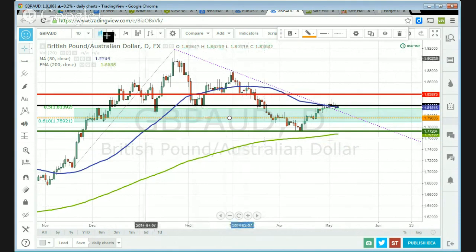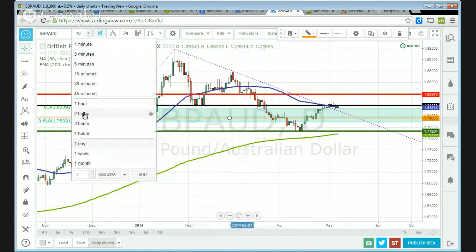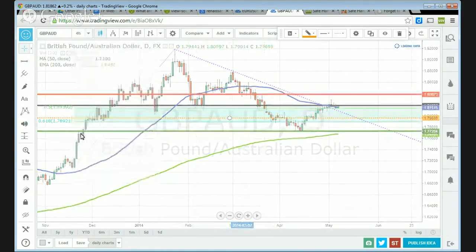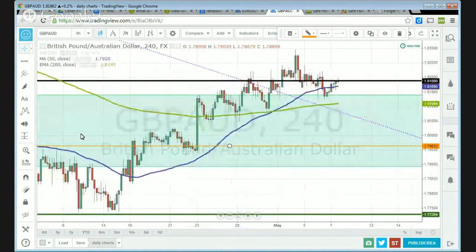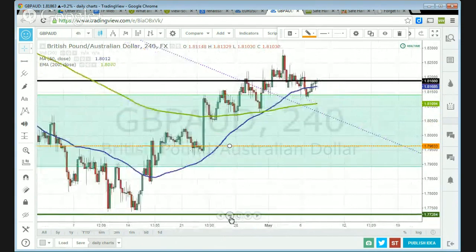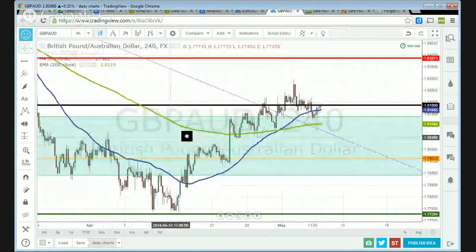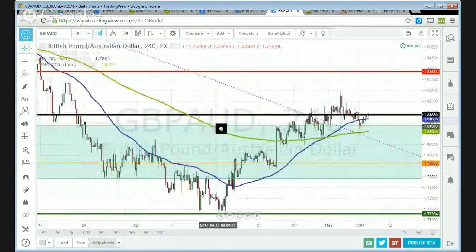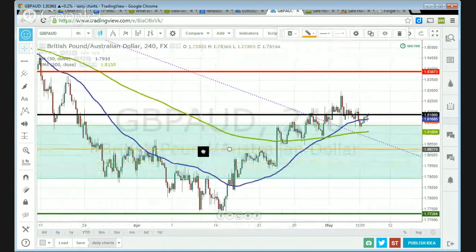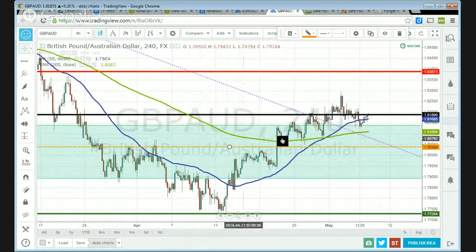Let's take a look at the 4-hour chart. Sometimes we can get a clearer look at what's a decent minor resistance level on the 4-hour chart than in a smaller time frame. Oh, here we go. So I'll move this up. We see this established right around here, tested again here, and right here.